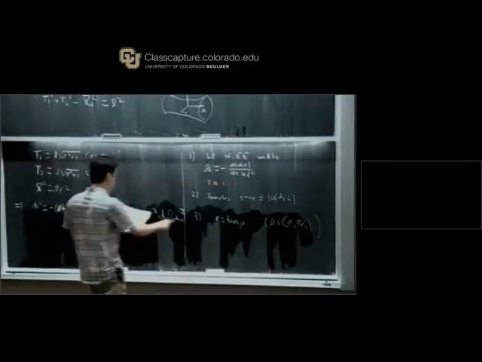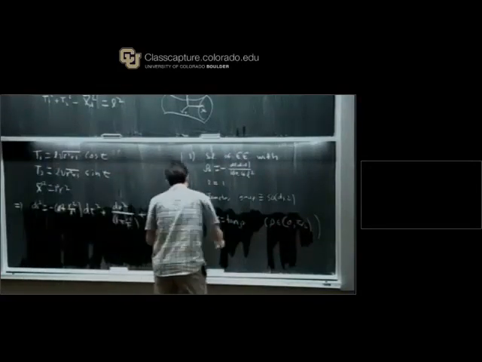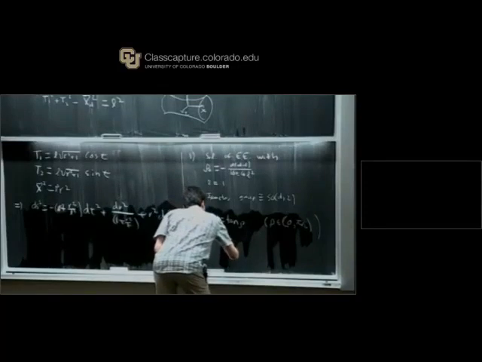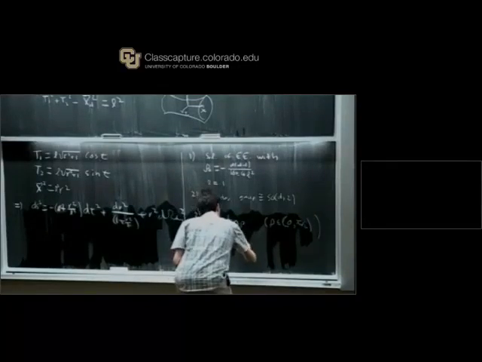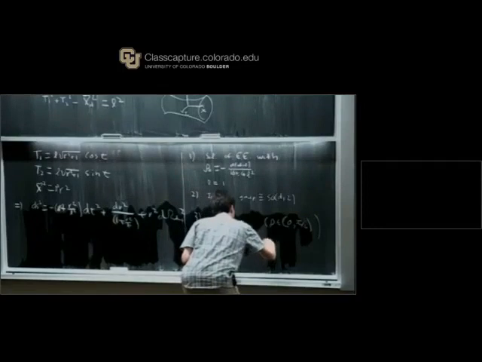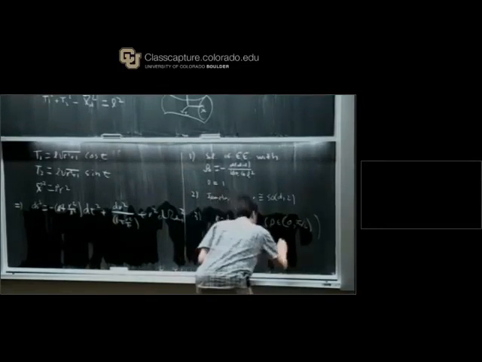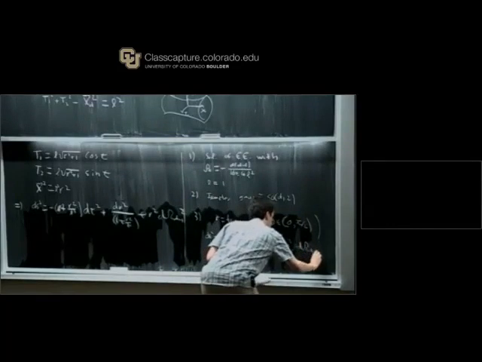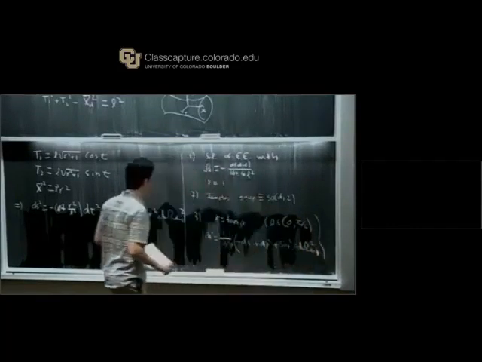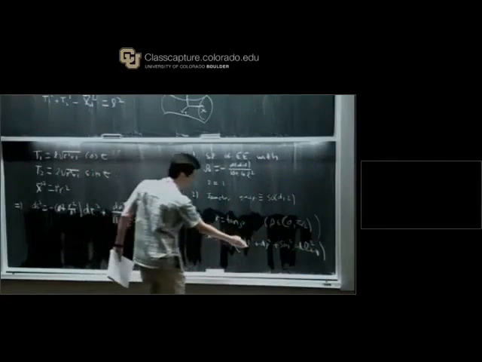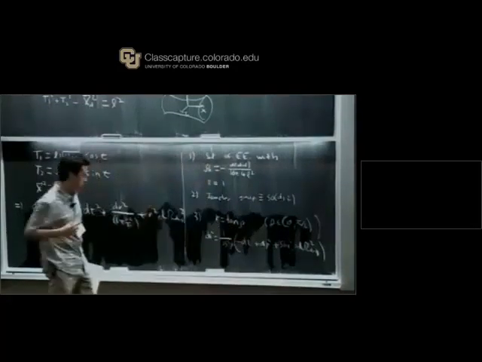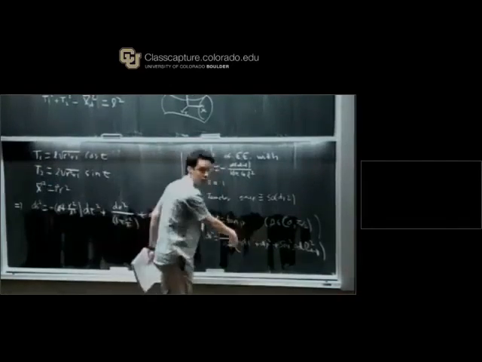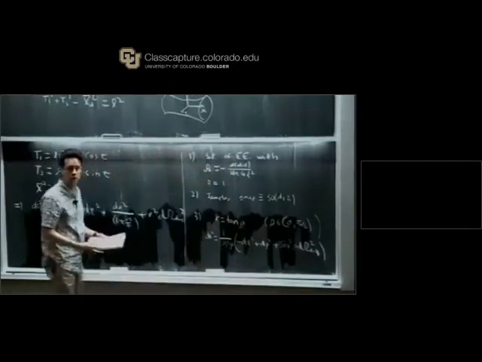And if we do this change of coordinates, what you find is that ds squared is 1 over cosine squared rho times minus dt squared plus d rho squared plus sine squared rho d omega d minus 1 squared. The nice thing about this is that it's minus dt squared plus d rho squared. So null geodesics in the radial direction just move on 45-degree lines in terms of these t and rho coordinates.